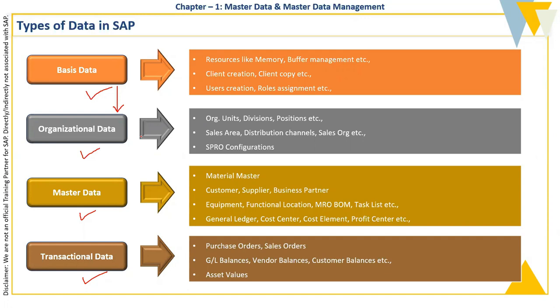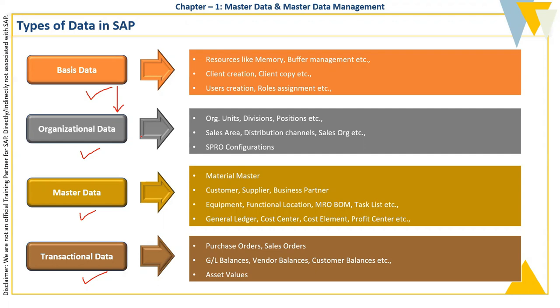Take a supplier: I want to maintain some supplier information in the system. For that, I need to choose the supplier group, the BP grouping and supplier address, and assign some roles. I want to extend that supplier to a particular company code, and that should be extended to a particular purchasing organization, and some partner functions have to be extended as well.